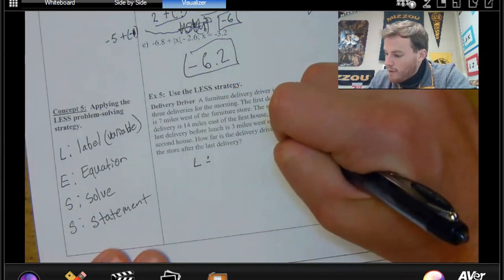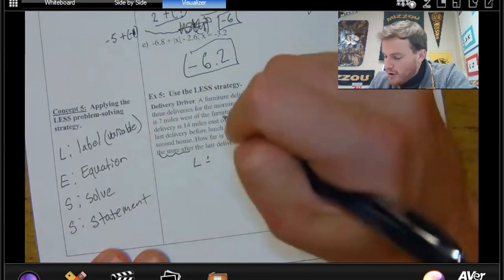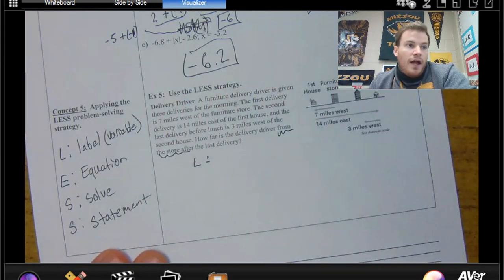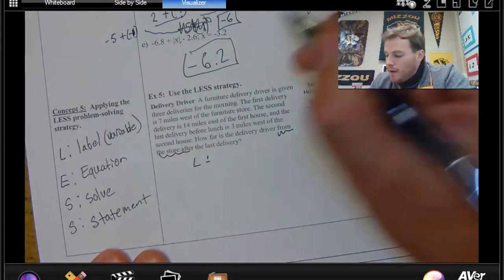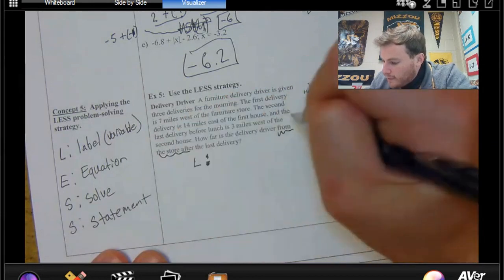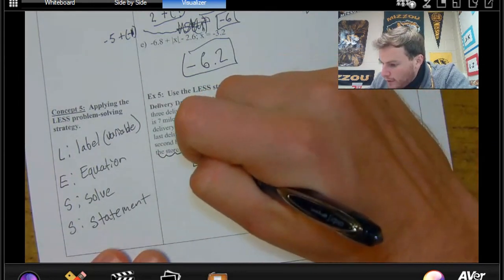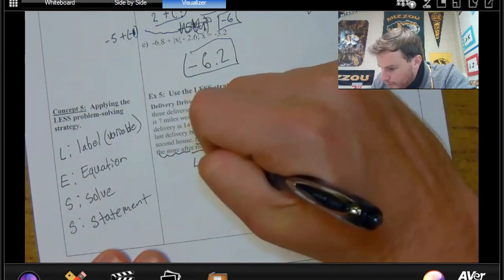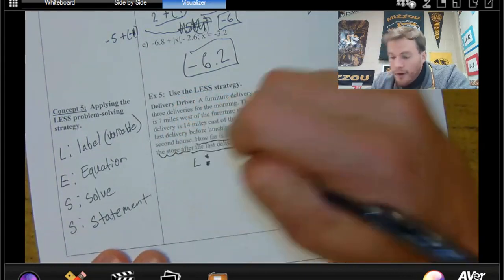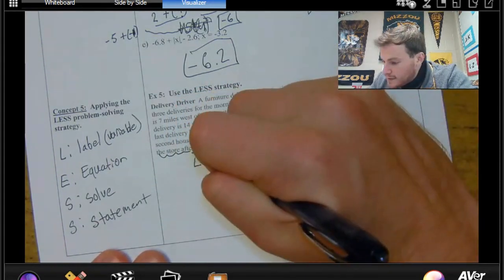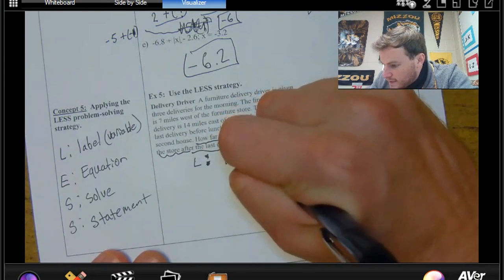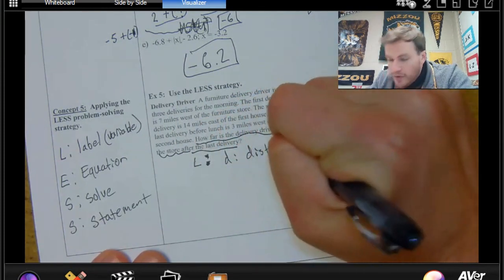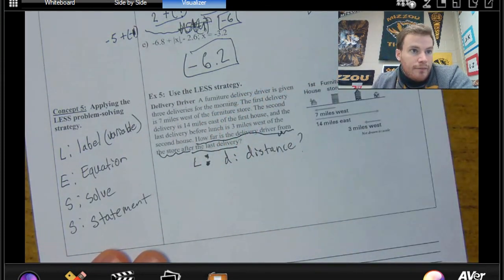So you have an initial starting point, and then you move from that. We want to know the distance. D stands for distance. It looks like it's in terms of miles.